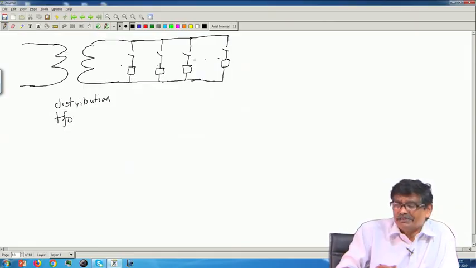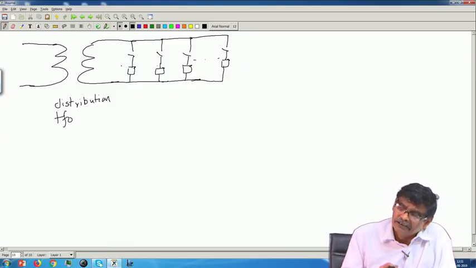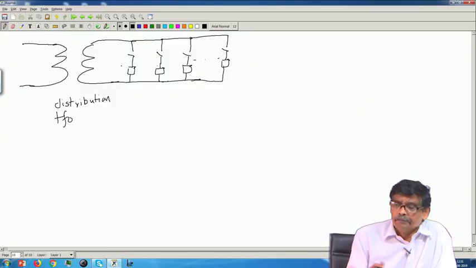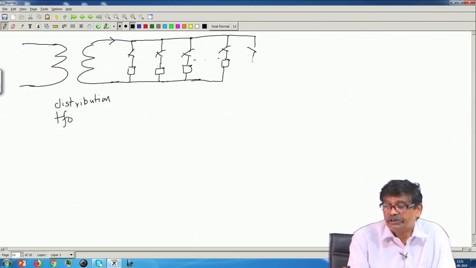But with a large number of consumers, it is found that there is a general type of variation of load on the secondary of the transformer. When you close these two consumers, the current supplied is this plus this. So load increases as consumers connect their loads, you understand that.